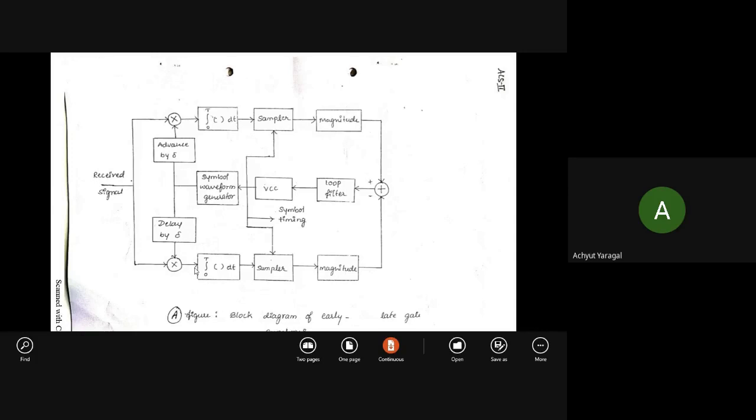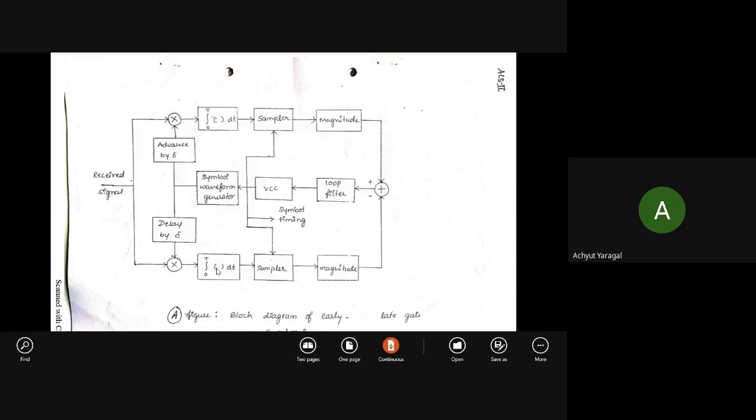One correlator starts integrating with delta seconds, that is early. The other one is late, the lower, delayed one.